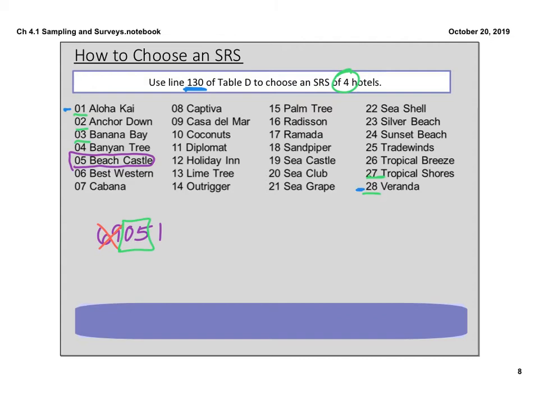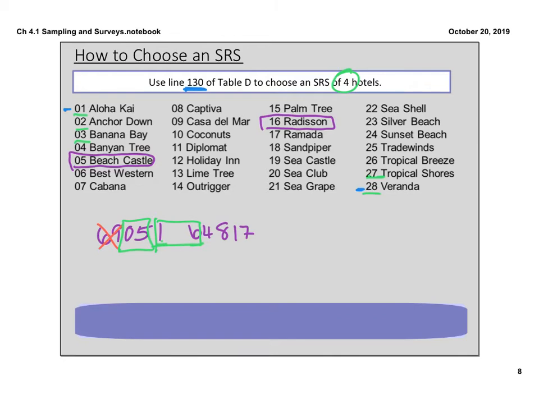Then I have the 1, and across in the next group, I see 64817. So this 1 can go with this 6 and make a 16, and that is in our group. So we're going to pick this 16 right here. There's our second sample.